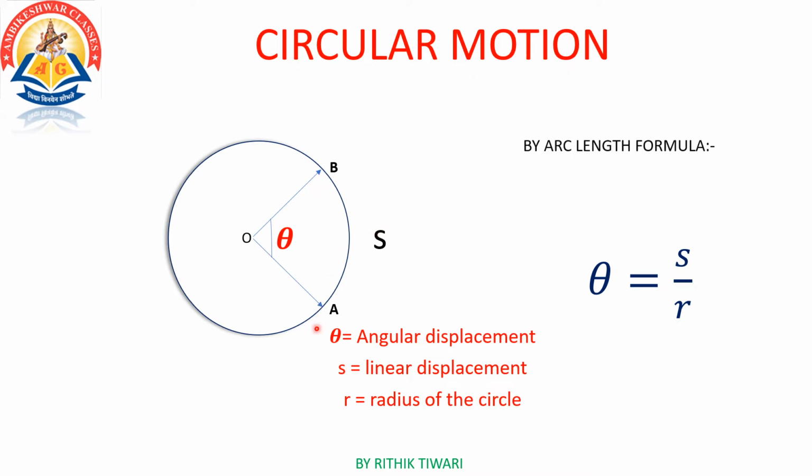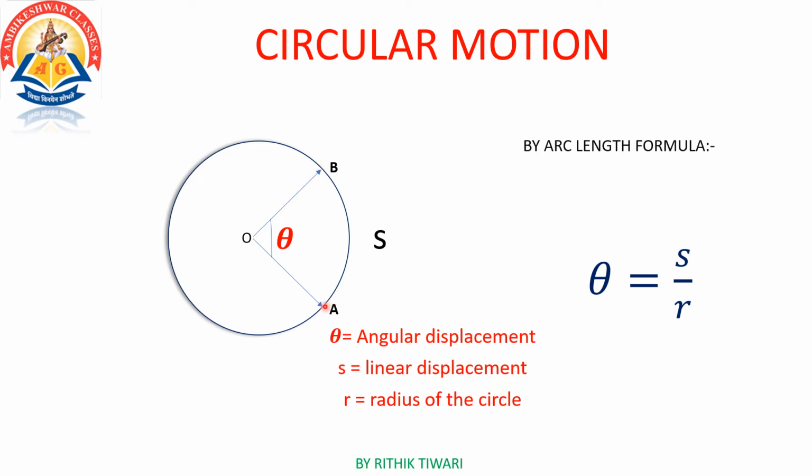After a certain amount of time the body has moved to B, by an angle theta, and O is the center of the circle. Now OA is your radius vector, and the same is OB.